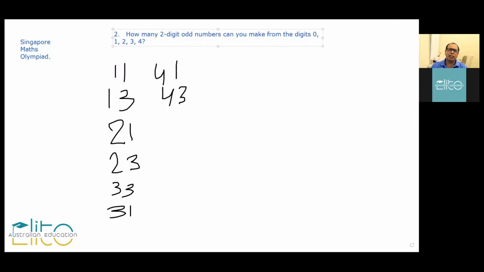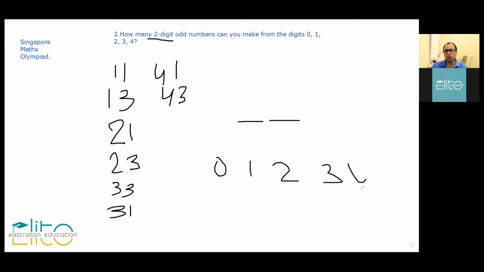So this is where we learn about combinations. Out here, the question is asking 2 digits, which means we have 2 spaces. Now it says it has to be an odd number. The things to choose from are 0, 1, 2, 3, and 4. An odd number can only end with 1 or 3.